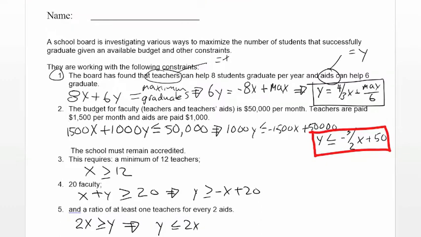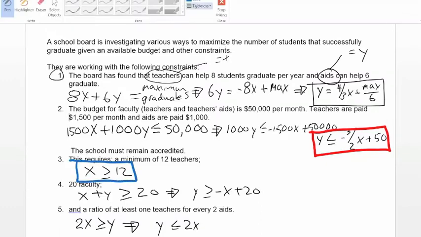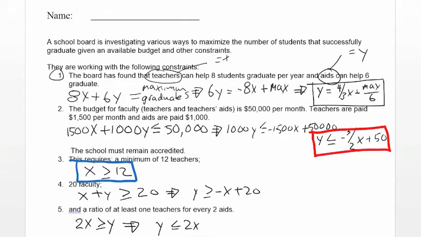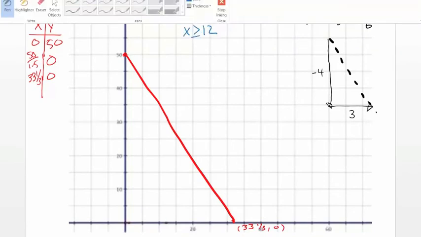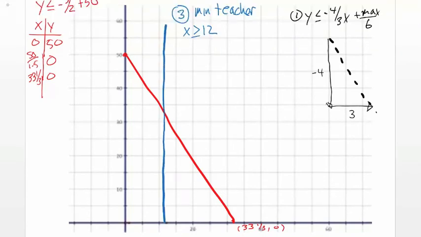Now let's do the third constraint, number of teachers, which is x is larger than or equal to 12. And that'll be a point starting at x equals 12 going straight up.